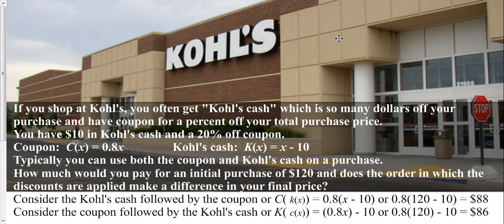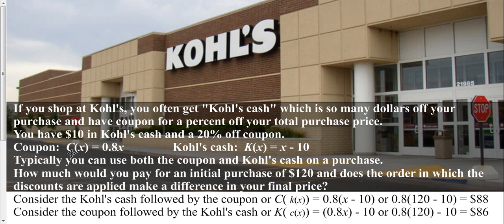So suppose you have $10 in Kohl's cash and you have a 20% coupon, so 20% off your price. If you look at the coupon here, you're really paying for 80% of the item because 20% is taken off and what's left after 20% is 80%.